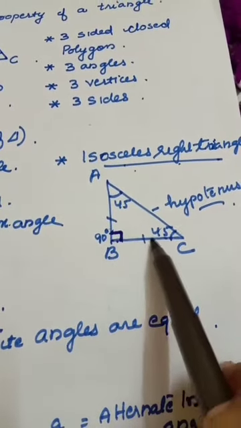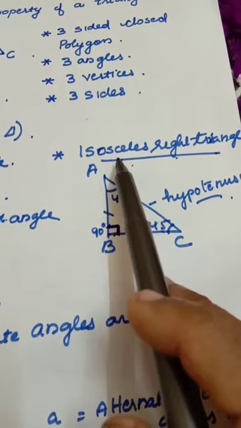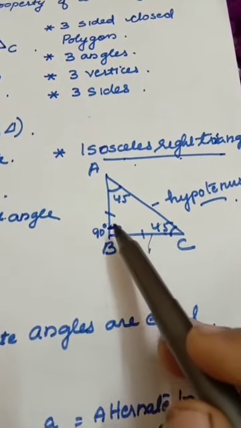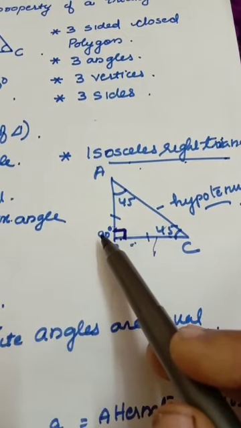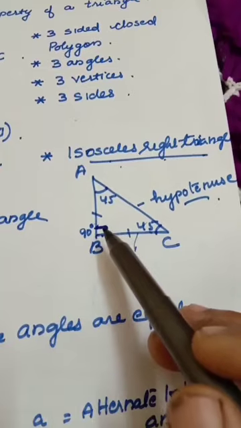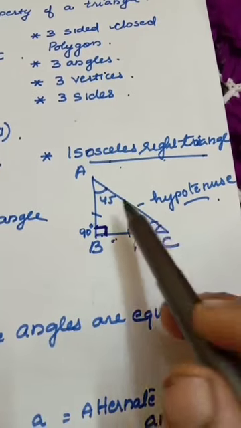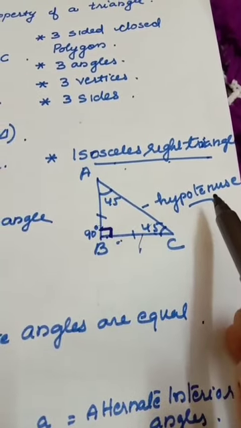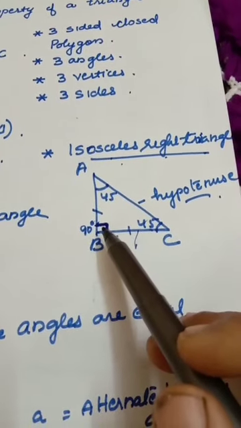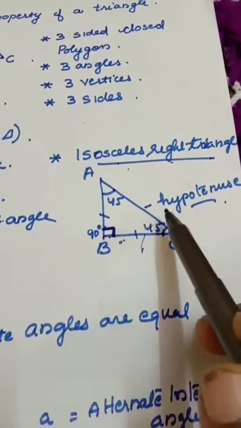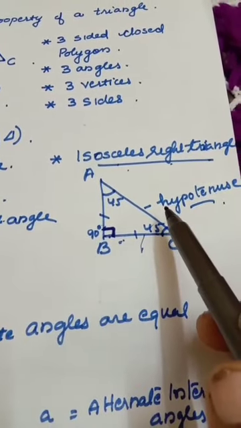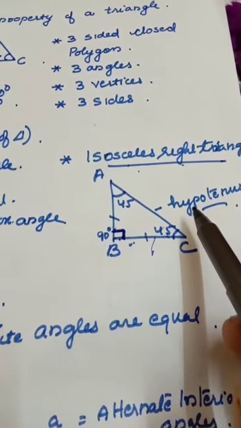But two sides are also equal, so that we call an isosceles right angled triangle. Children, the side opposite the 90 degree angle is called the hypotenuse. Clear? The angle opposite the hypotenuse in a right angled triangle is always 90 degrees. The side opposite 90 degrees is always the hypotenuse.